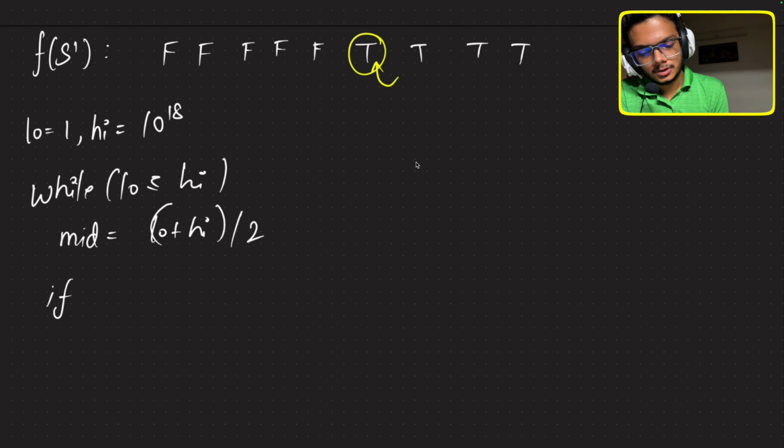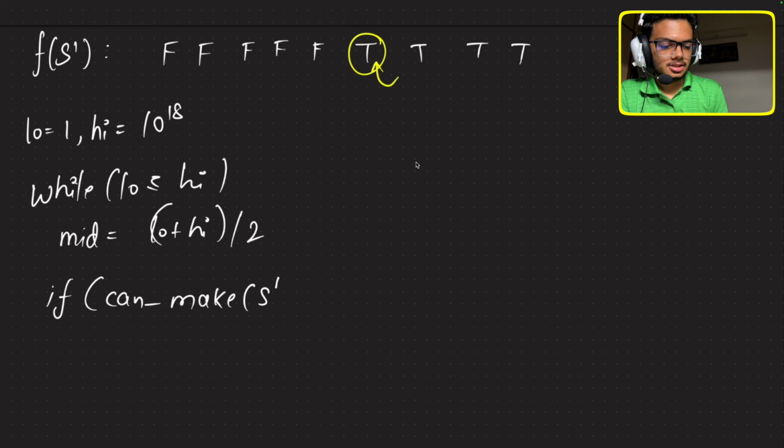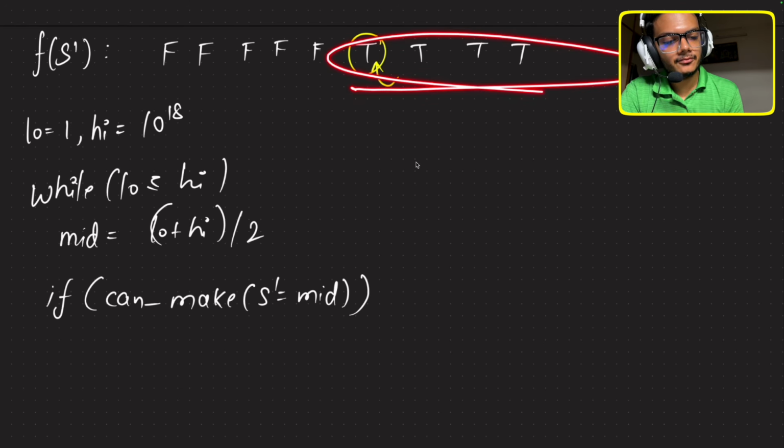Now you need to call this function, this f, right? So can I make k splits using this sum s' equals mid? Can I do that? If this function returns true, it means I am somewhere in this part.